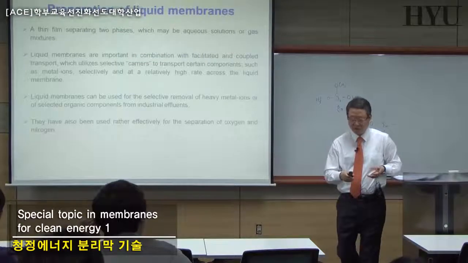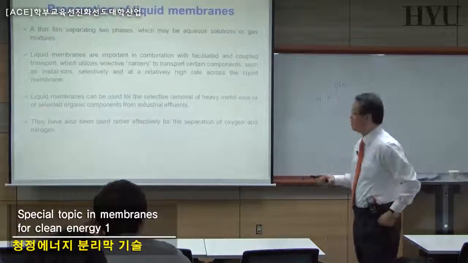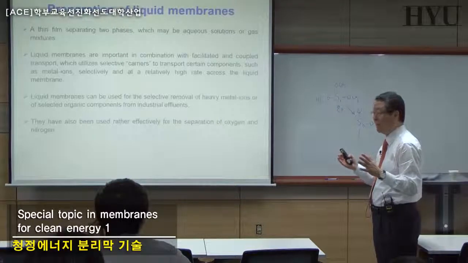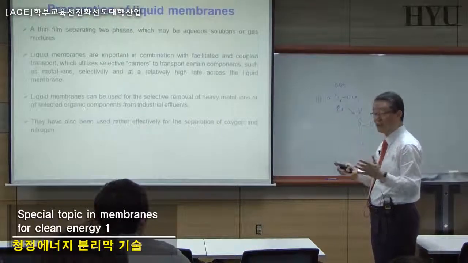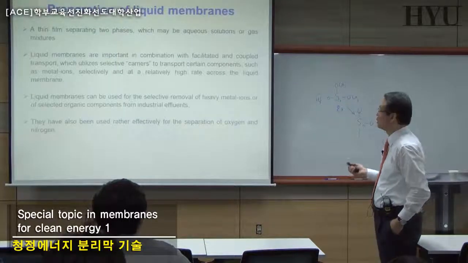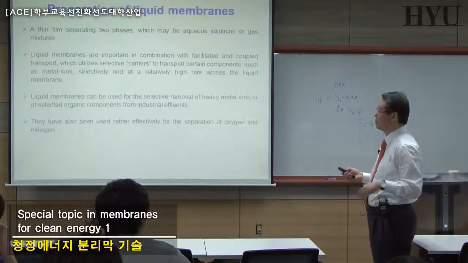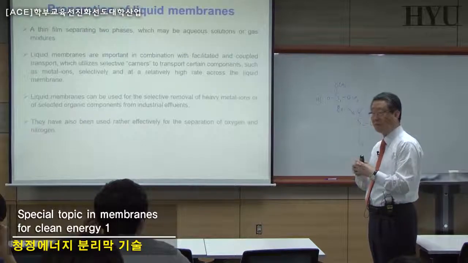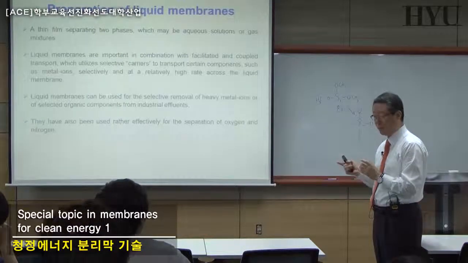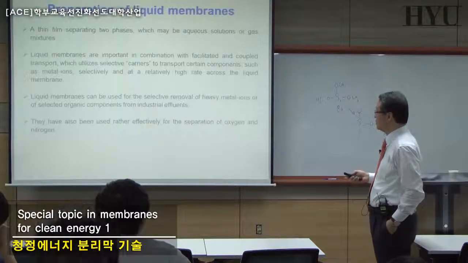In some countries, they still use this liquid membrane technology, but because of the low flexibility of the system, it's not very common. But we can use SLM, the supported liquid membrane, as an alternative.